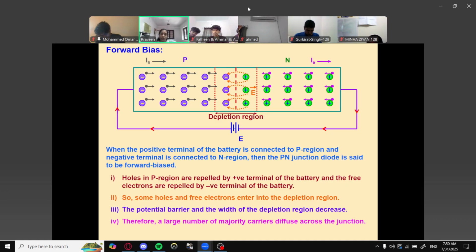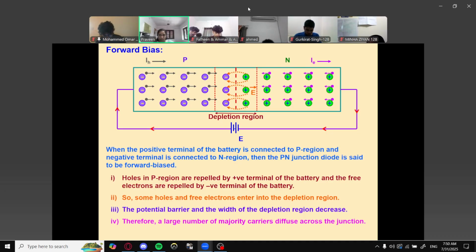Remember, the external potential and the barrier potential will be in opposite directions and hence the barrier potential will be decreased. Once the barrier potential decreases, the holes and electrons on either side of the junction will be able to cross the junction and diffuse into the other region. Thus, the depletion region will also decrease, so the effective resistance will decrease, setting up a forward current.